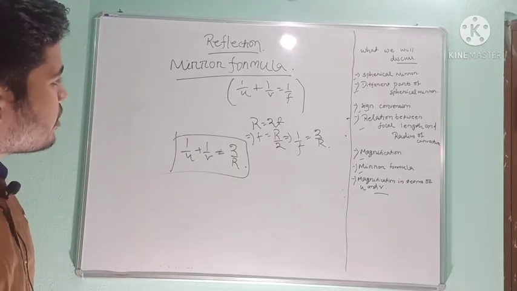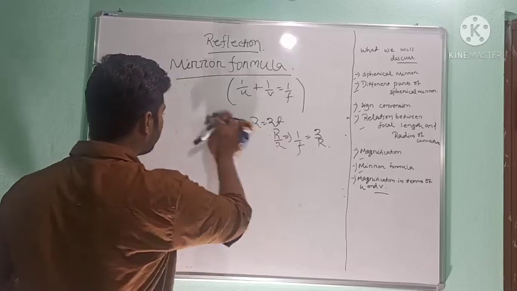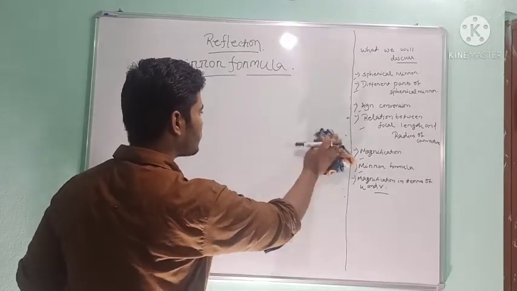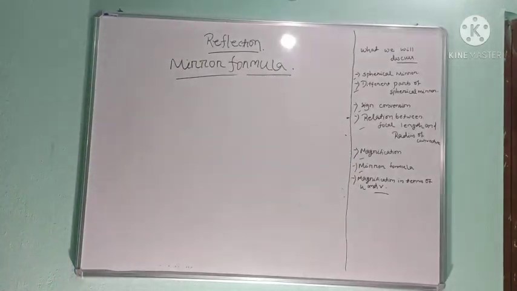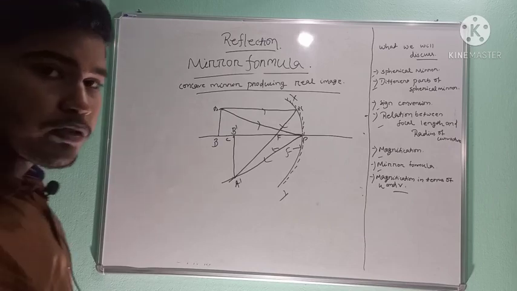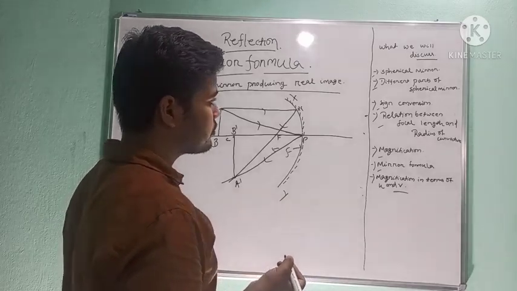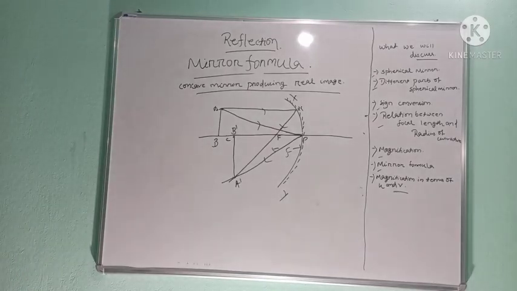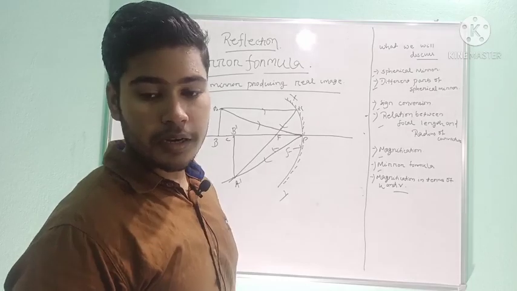Now I am going to derive one case for the mirror formula, then the rest of the cases you have to find on your own. Now we are going to derive the mirror formula.